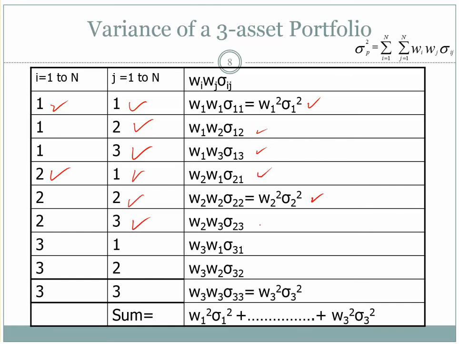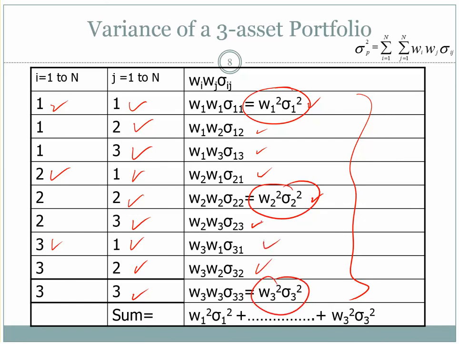Plug in your terms. And then set i equal to 3, j equal to 1, 2, and 3. So whenever you have 3 assets, you're going to have 9 pairwise combinations. If you have 10 assets, you're going to have 100 pairwise combinations. Again, we would just add up these 9 numbers, and the sum of those 9 numbers would be the variance of the portfolio. And what you'll see is there's 3 variance terms and 6 covariance terms.